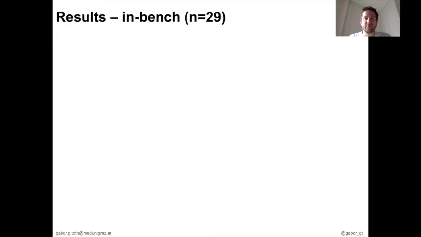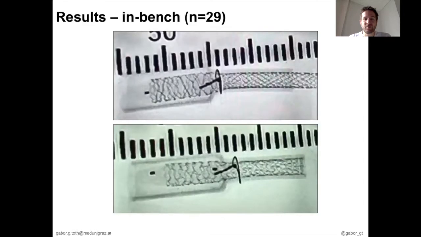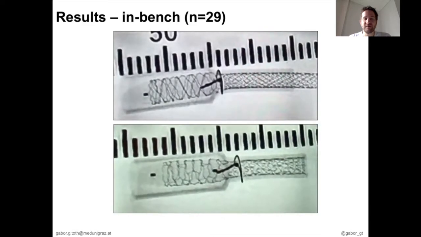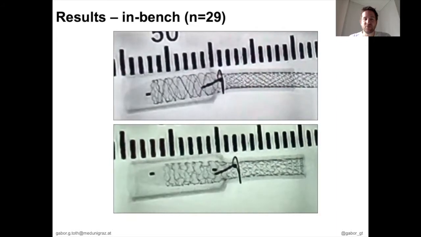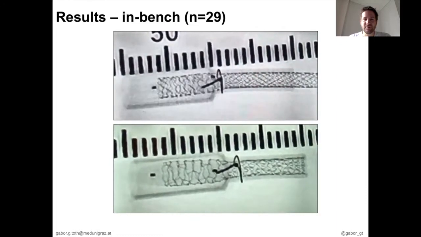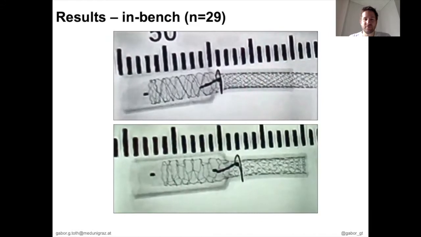In total, we performed 29 bench cases, and to our greatest surprise, overexpansion, so POT, led to lengthening of the stent instead of shortening.